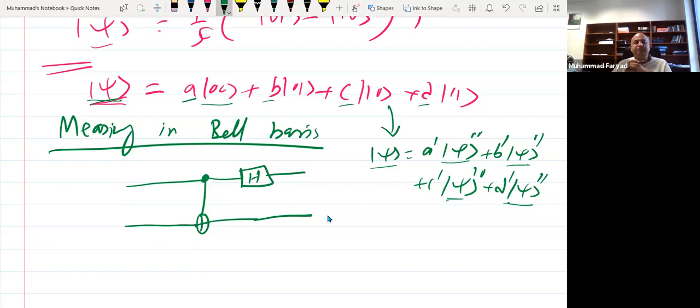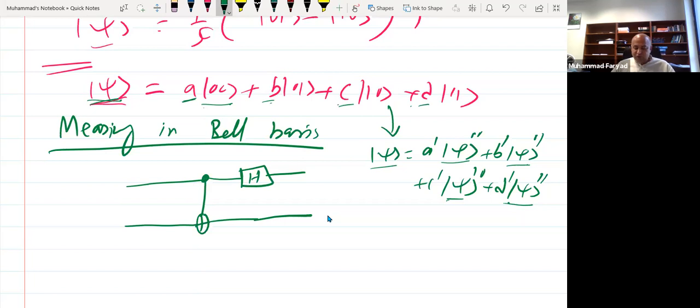I mean, the probability is proportional to A, B, C, D, because you either measure 0, 0, or 0, 1, or 1, 0, and so on, and then you keep counting, and at the end you have probabilities that are proportional to A mod square, B mod square, C mod square, and D mod square.